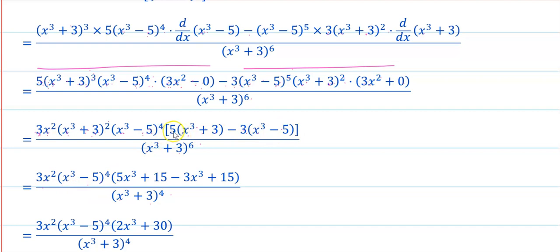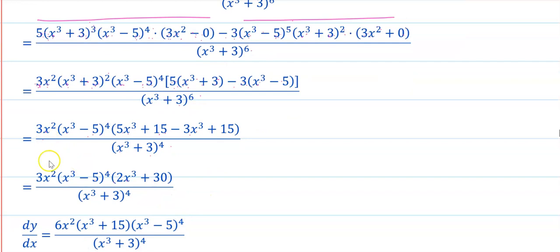What about this square bracket? It will be 5x cube, 5 into 3, 15, minus 3 into x cube, minus 3x cube, minus 3 into minus 5, that will be plus 15. Okay, next, 3x square, (x cube minus 5) bracket is to 4. Simplification again: 5x cube minus 3x cube, then you will get 2x cube. 15 plus 15, that is 30.